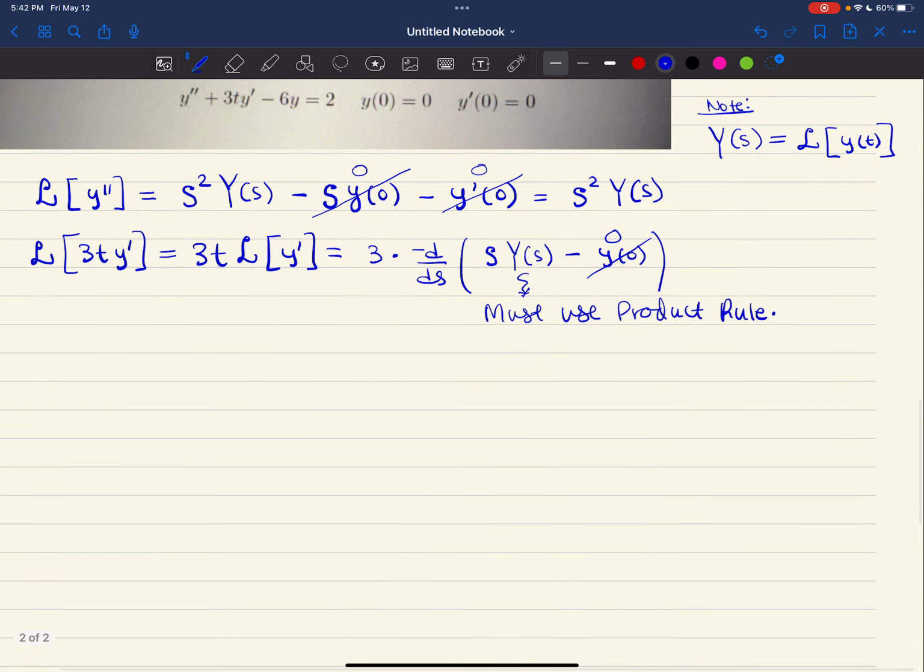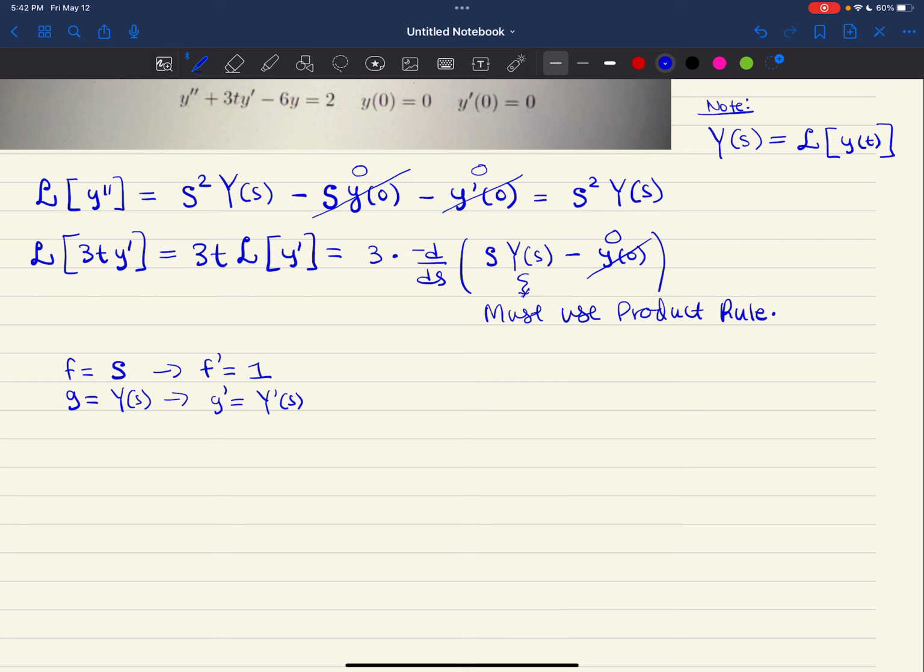Now let's use product rule. When you use product rule, you let your f be your s, and then your f prime will just be 1. Your g is going to be big Y of s, and your g prime will just be big Y prime of s, all right?